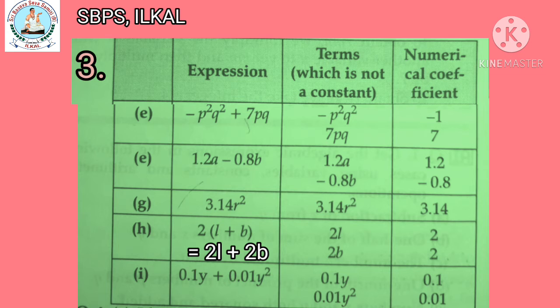Numerical coefficient of 2L is 2 and numerical coefficient of 2B is also 2. Last expression 0.1y plus 0.01y square. Here there are two terms. Those are 0.1y and 0.01y square. The numerical coefficient of 0.1y is 0.1 and the numerical coefficient of 0.01y square is 0.01.